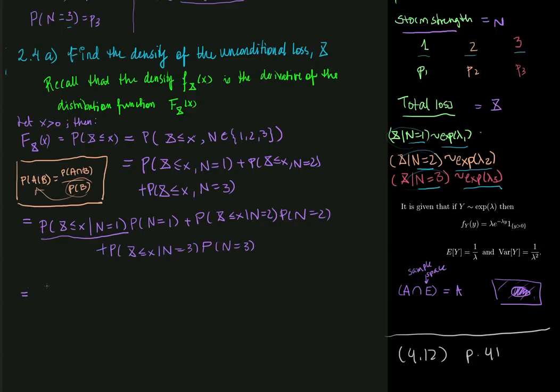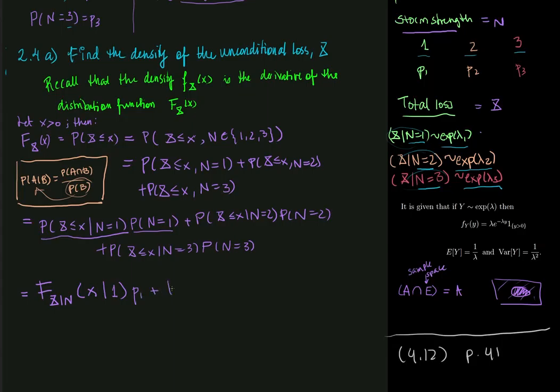There's another notation for that, which is used in 4.12 in the book, and that is written as capital F for distribution function, subscript x given n, because we're looking at the conditional distribution function of x given n, and then parenthesis little x, because that's what we evaluate it in, and then given 1. This means the conditional distribution function of x given n equals 1, evaluated in little x. Then we have the point probability of n equals 1, and that was just p1.